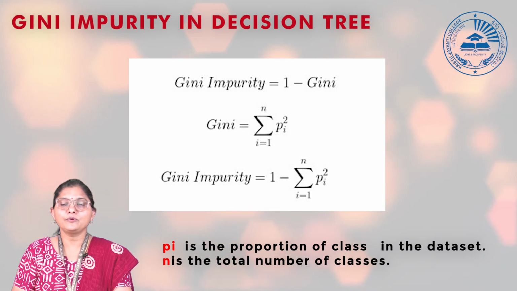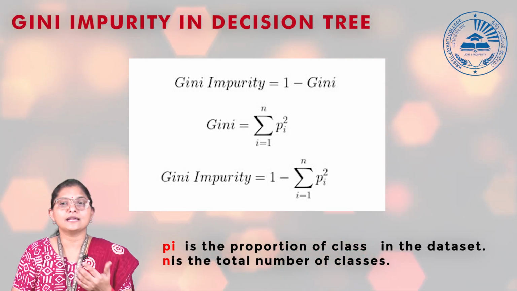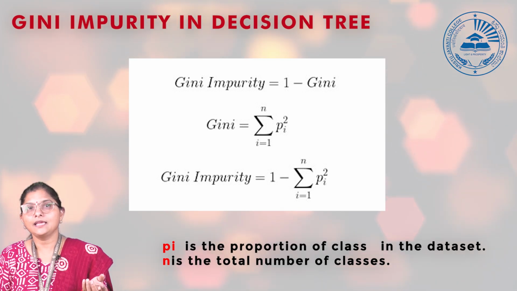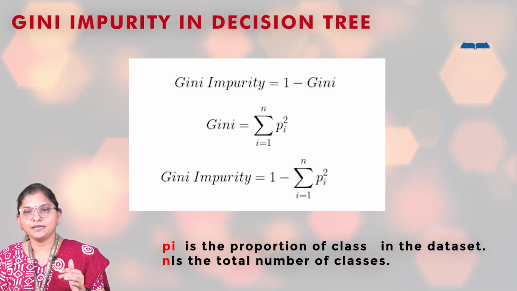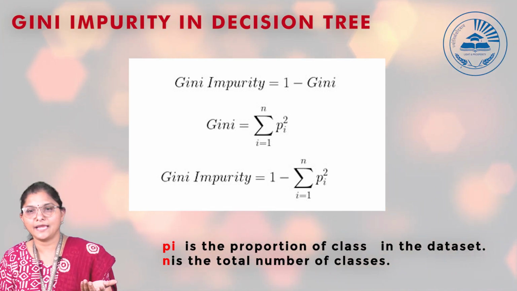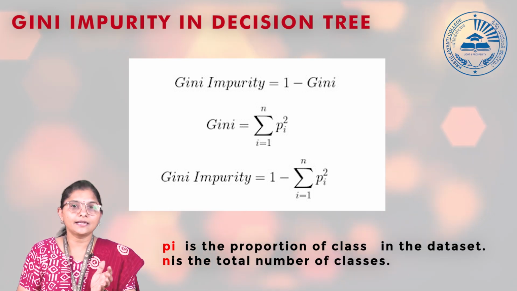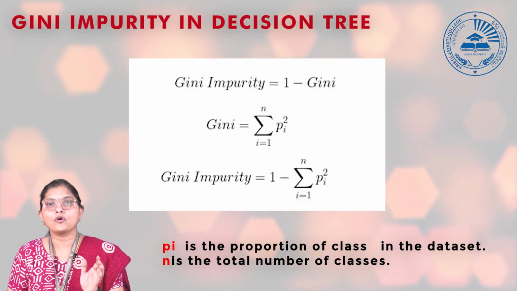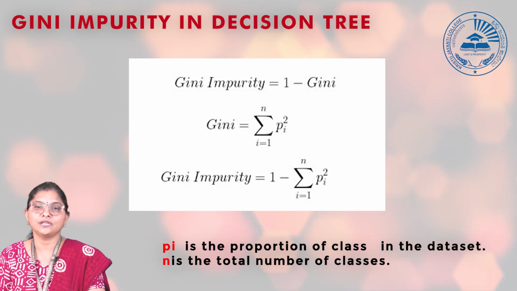Gini impurity calculates the degree of uncertainty or disorder in a node. Specifically, it represents the probability that a randomly chosen element would be incorrectly classified if it were randomly labeled according to the class distribution in the node.